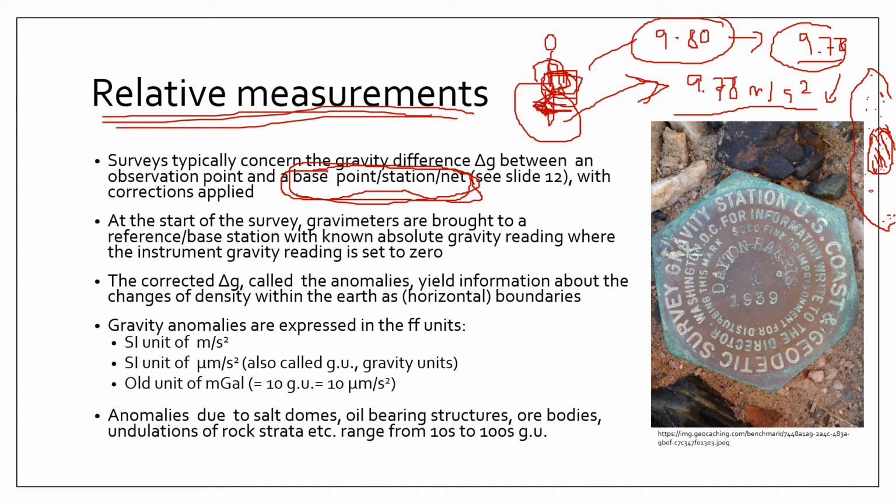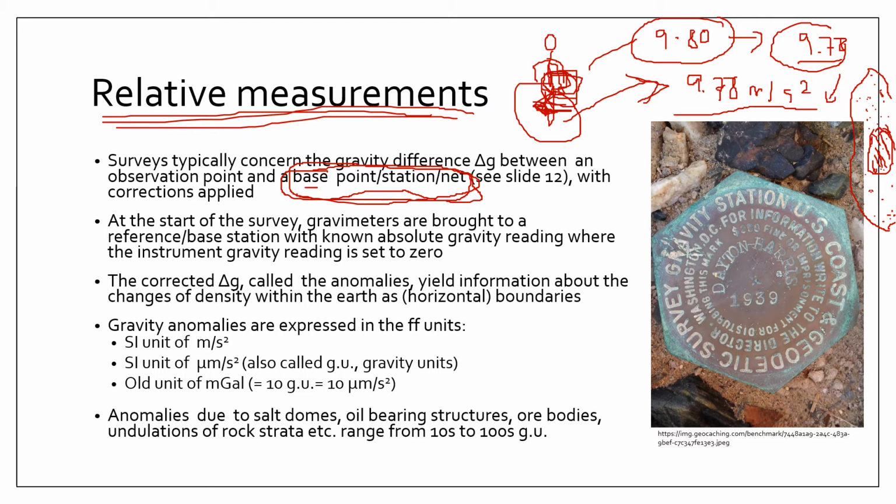So you calibrate, and then you take measurements in an area, and then you subtract the gravity reading from the base station so that you only end up with the difference, a relative value, relative to your base station.